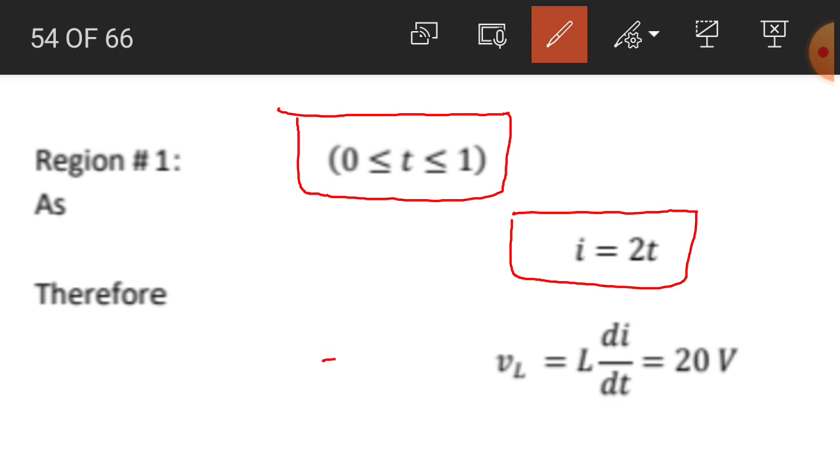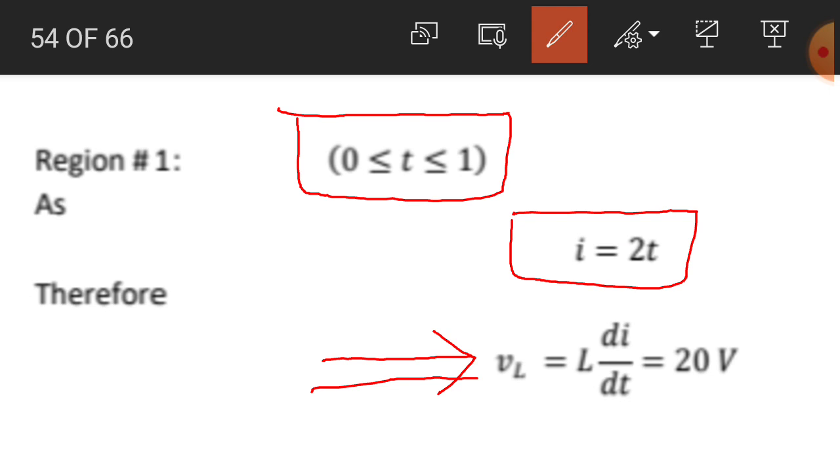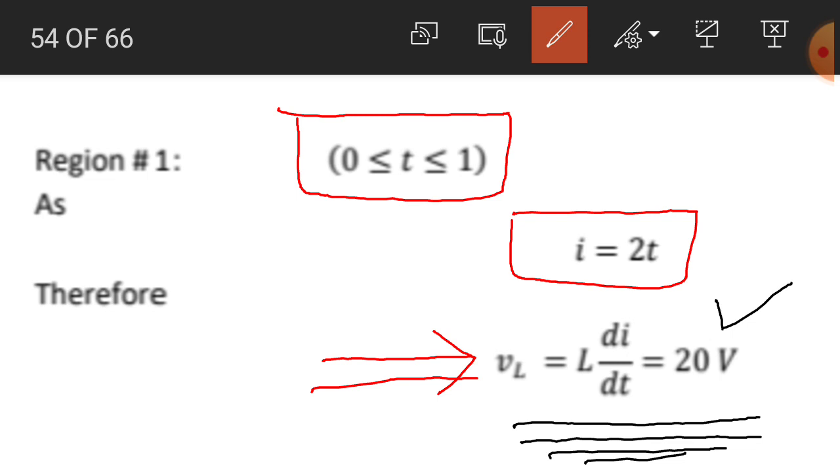We calculate the voltage across the inductor with the help of this particular equation. The voltage across the inductor will be equal to L di by dt. So the inductance is 10, the current is 2t. So the voltage across the inductor in region number 1 is constant, which is 20 volt.